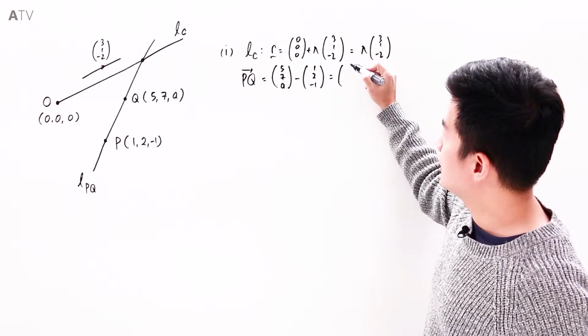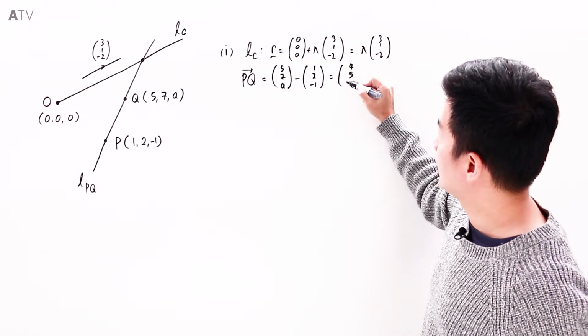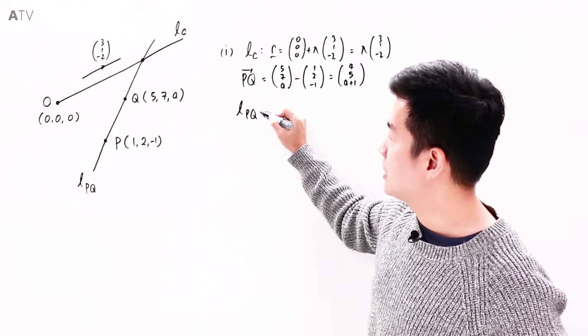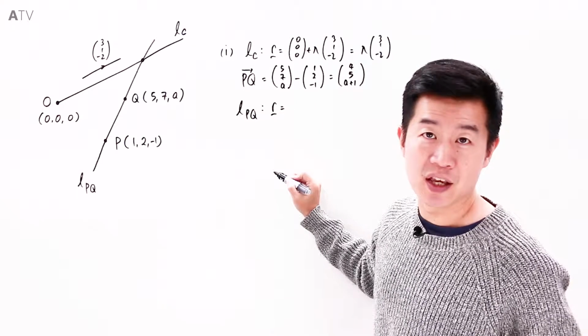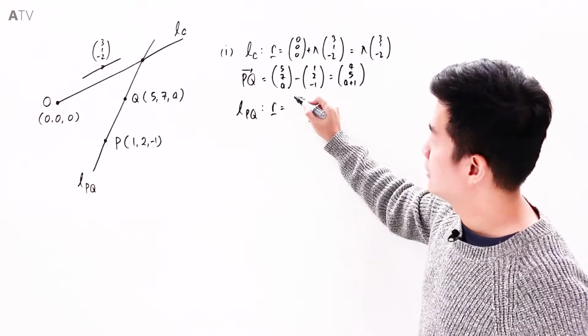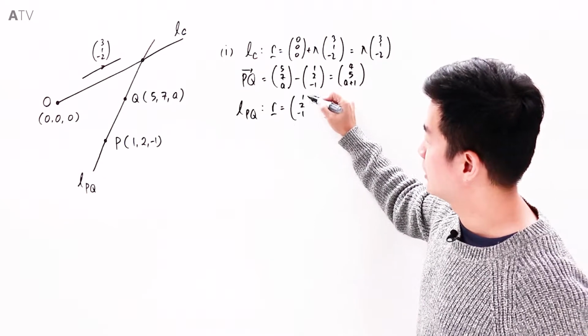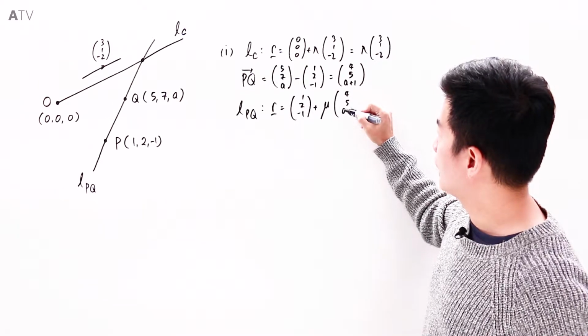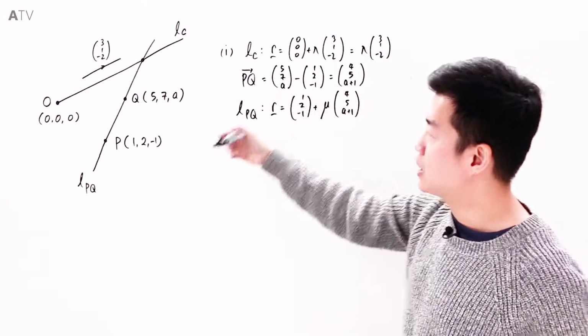And this will give me 4, 5, and A plus 1, which means that the line that passes through PQ, the equation will be r is equal to, let me make use of the position vector of P, so it is 1, 2, minus 1, plus, let's say, mu of 4, 5, A plus 1, since PQ is parallel to this line.